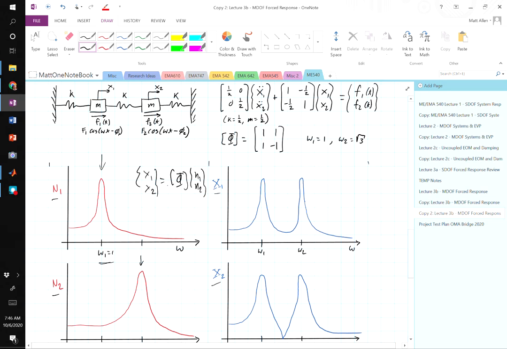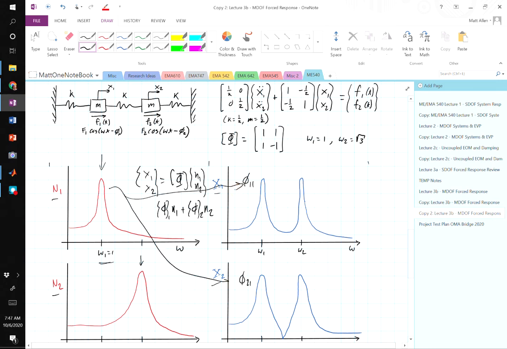So we're just adding these things up, and we talked last time about the fact that this is like taking mode shape 1 times eta 1 plus mode shape 2 times eta 2. So we're just adding that up. And at this peak here, this is the first element of mode 1, the second element of mode 1, multiplied by this function here.